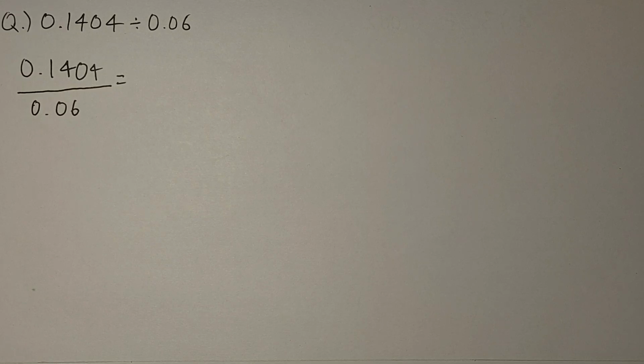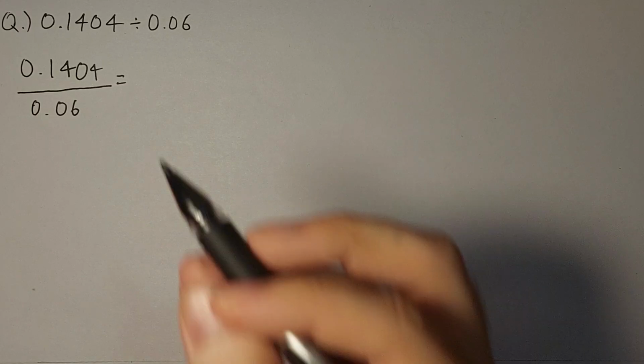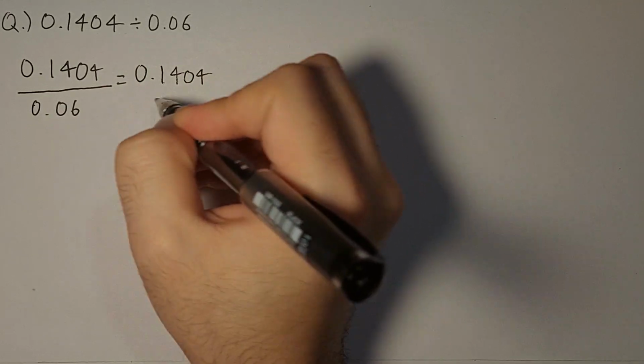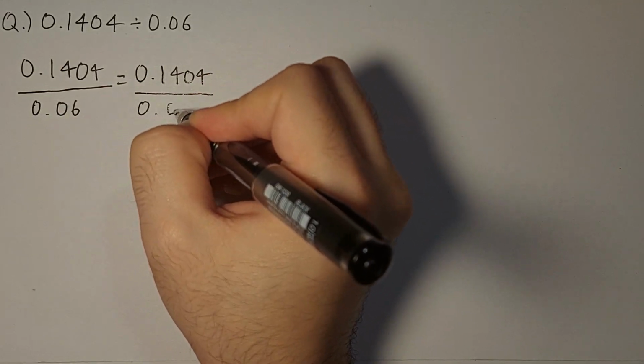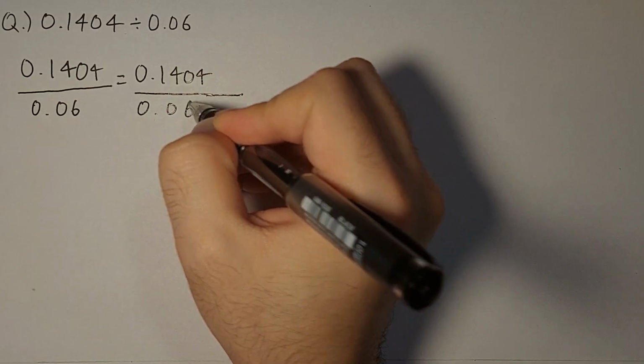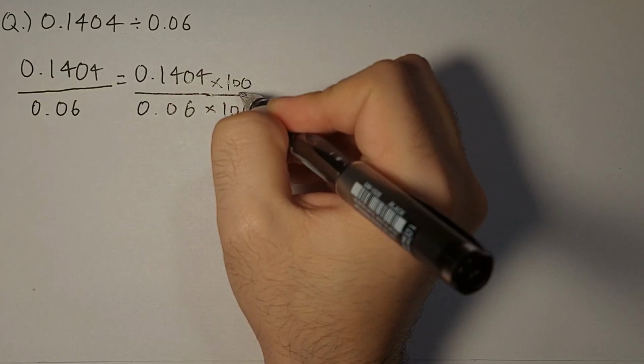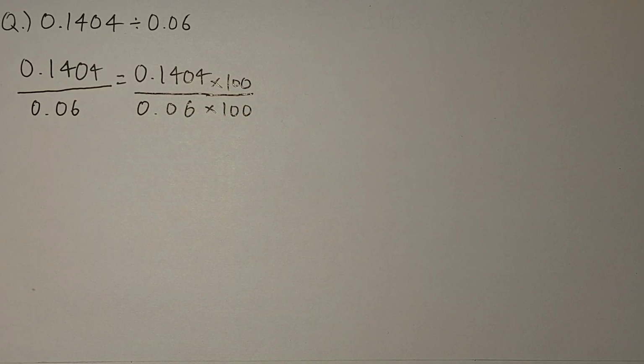As in the case of fractions, when you multiply the numerator or the denominator with a certain number, you have to multiply the other number with the same number as well. Because I'm multiplying 0.06 by 100, I will multiply 0.1404 by 100 as well.